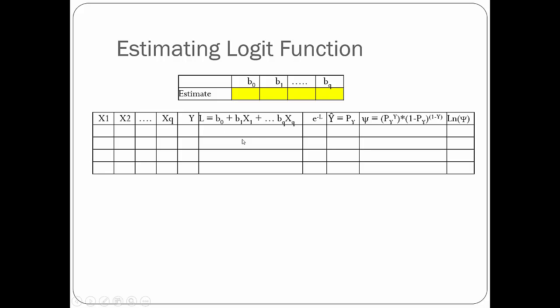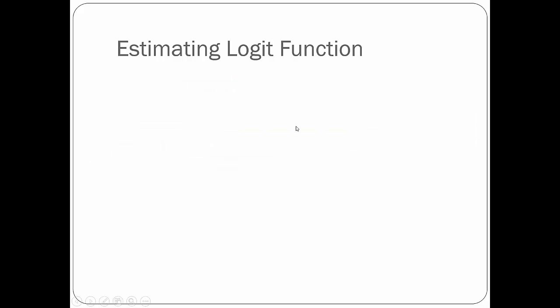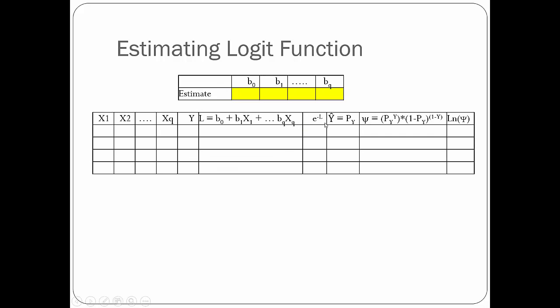Once you have the L value, you can compute e to the power of minus L. Then we can use the formula that we saw previously and find y hat.